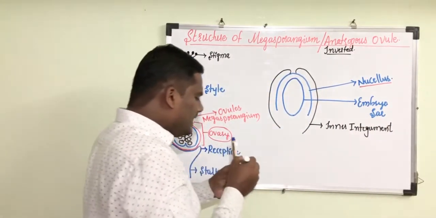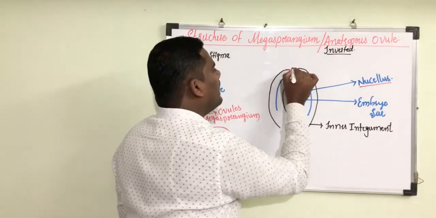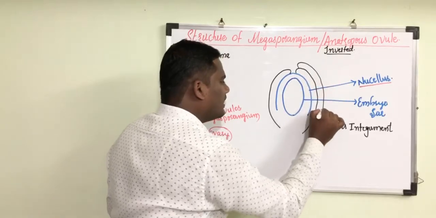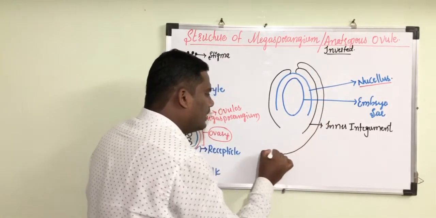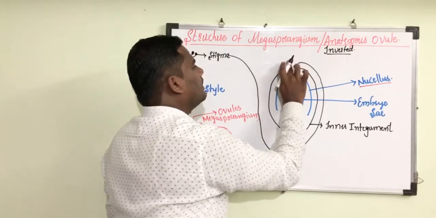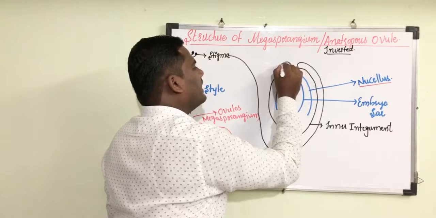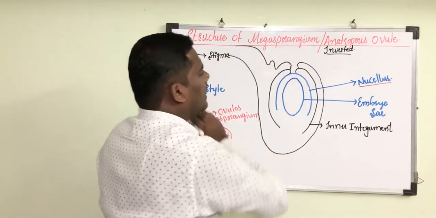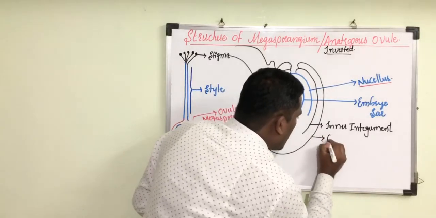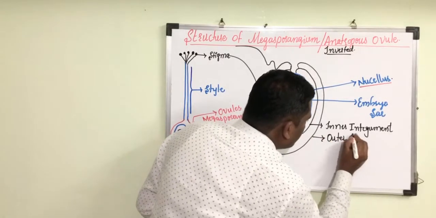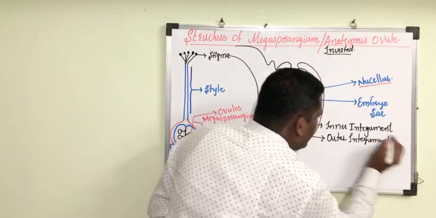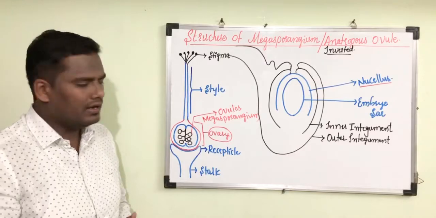The inner integument is surrounded by one more layer, called the outer integument. This is the inner integument and this is the outer integument.